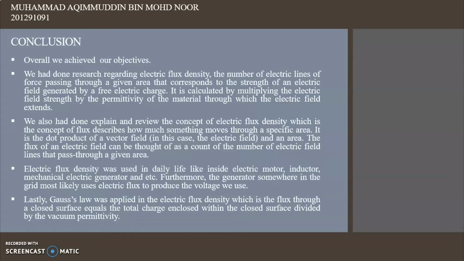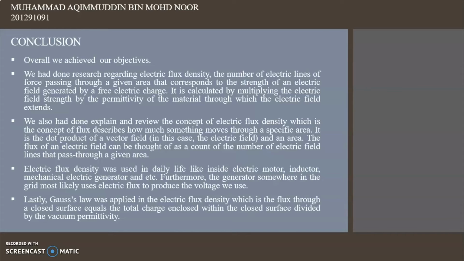The first one, we had done the research regarding electric flux density, which is the number of electric lines of force passing through a given area that corresponds to the strength of an electric field generated by a free electric charge. It is calculated by multiplying the electric field strength by the permittivity of the material through which the electric field extends.